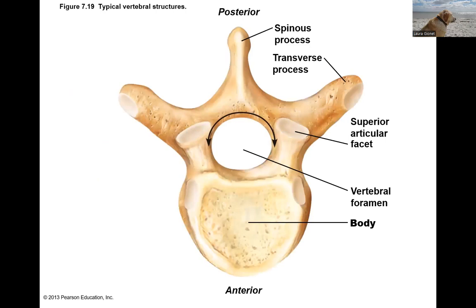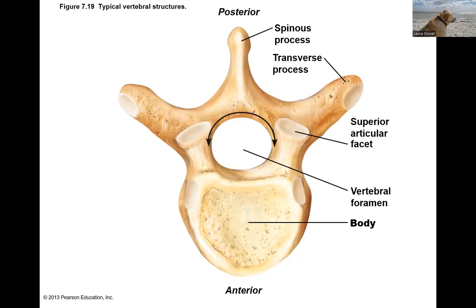So here we see a picture of a vertebra. The large bony portion is the body. The hole in the center is the vertebral foramen. We have the two lateral projections of bones called the transverse process, and the posterior projection of bone, spinous process. The processes function as muscle attachments.